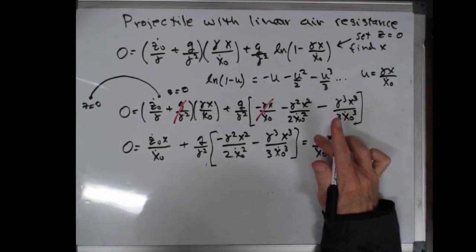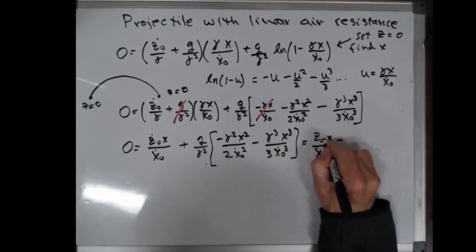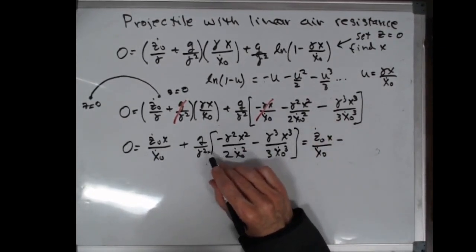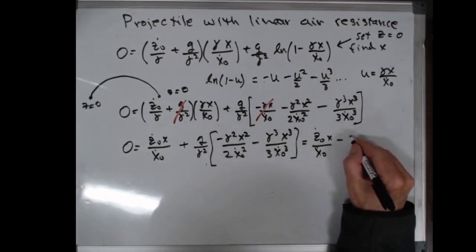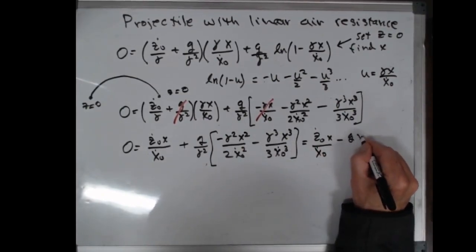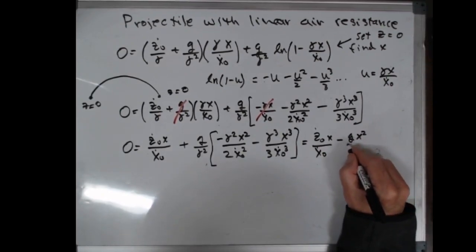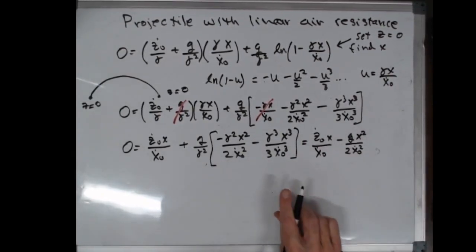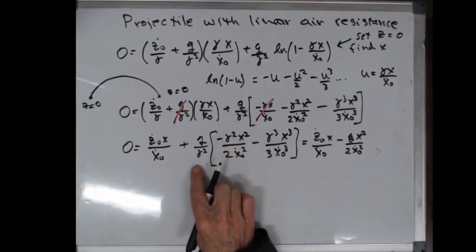Let me clean that up just a little bit. Z naught dot times x over x naught dot, and then I'm going to cancel those gamma squares on this term, and I'm going to get minus g x squared over 2x naught dot squared, like that. That's what this multiplied by that gives me.